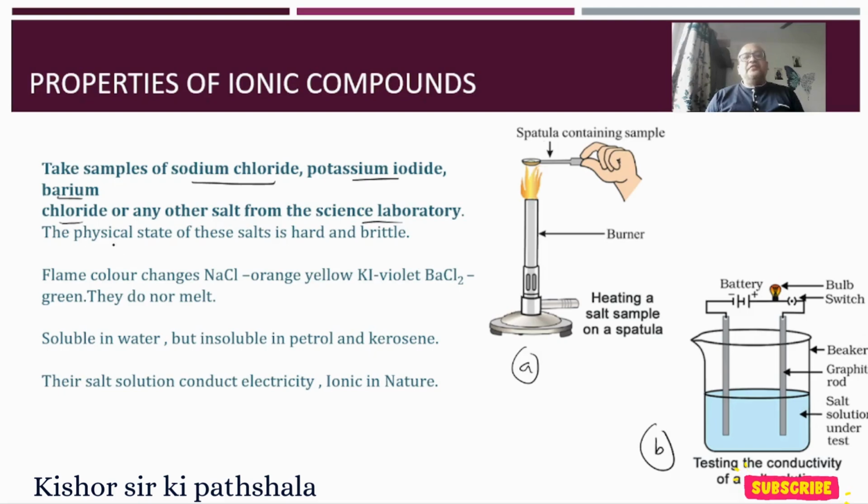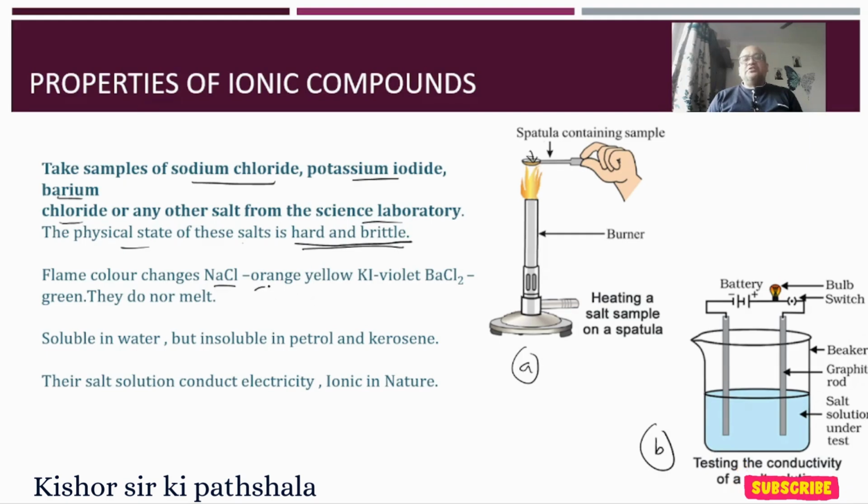So let's see the physical state. The physical state of these salts is that they are hard and brittle, right? Secondly, if you take this salt in a spatula and heat it, what do you observe? You observe that the flame color changes for sodium chloride.